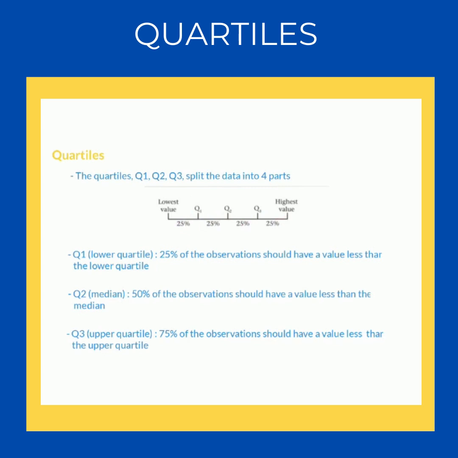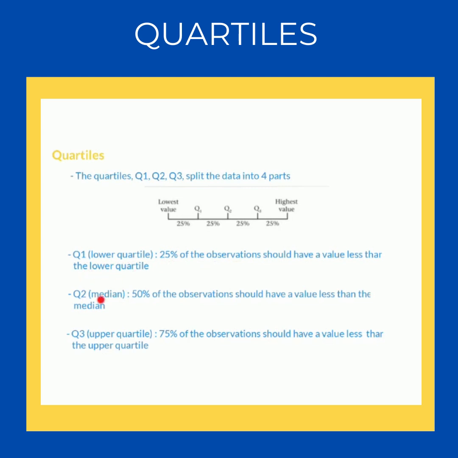So by Q1, I mean the lower quartile, and this means that 25% of the observations should have a value less than the lower quartile.